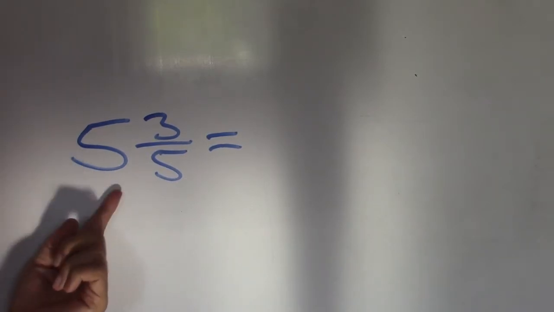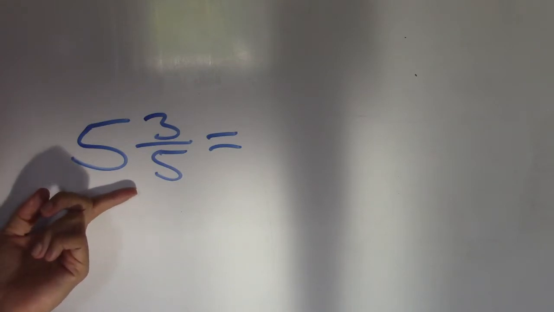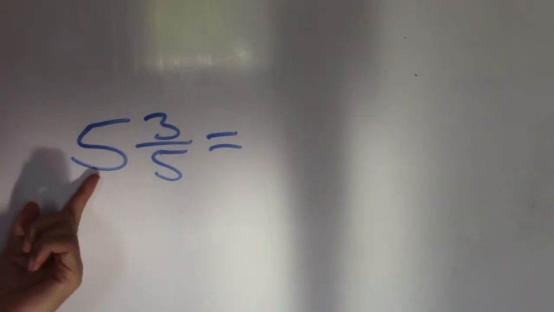So what does it say? First off, what are we counting by? 5s. How many of them do we have? How many 5s do we have?